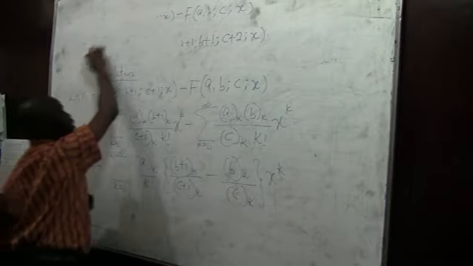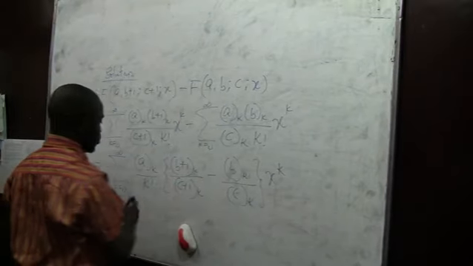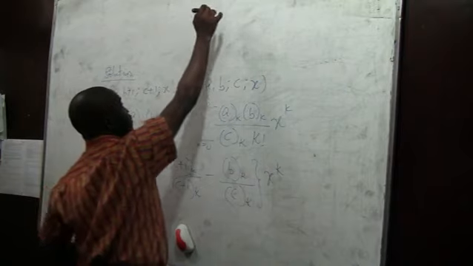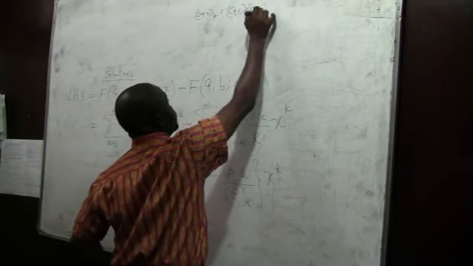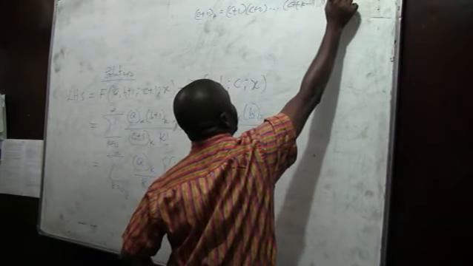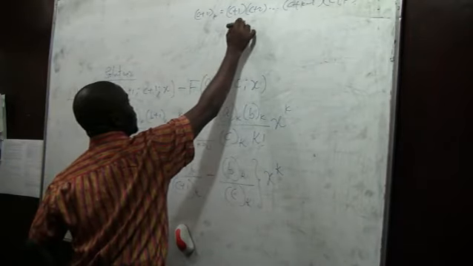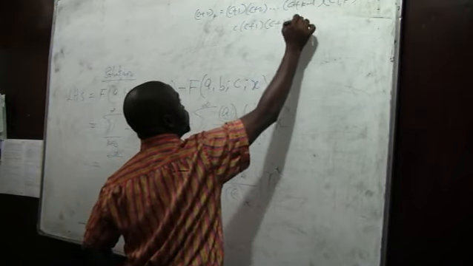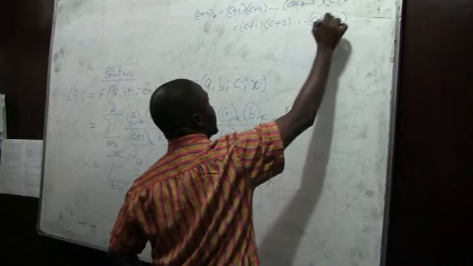Let's quickly look at that. Factorial function of c plus 1, of course that one gives c plus 1, c plus 2, up to c plus k minus 1, then c plus k. The other one is c, c plus 1, c plus 2, up to c plus k minus 1.